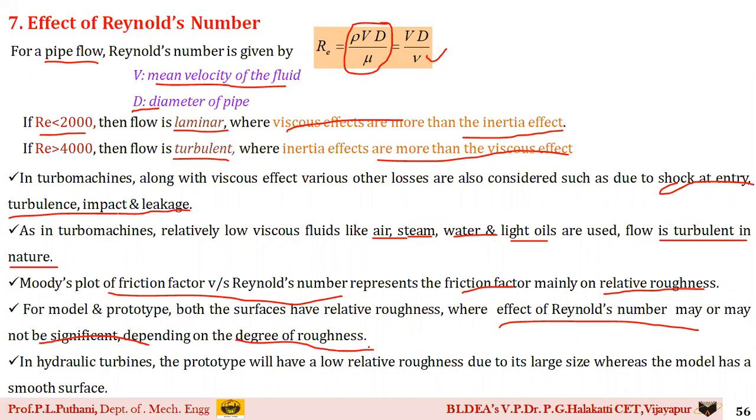Therefore, in order to accommodate all these conditions, the hydro turbine prototypes which we are using have a low relative roughness because of their larger size, and the model has a smoother surface.